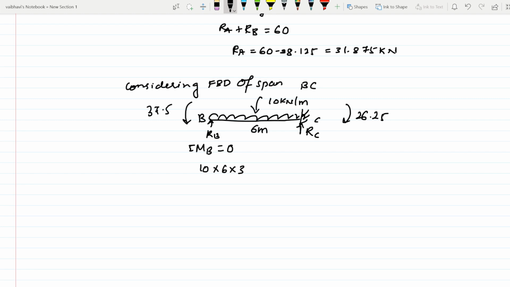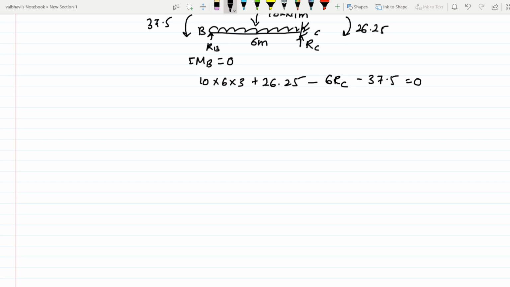So UDL is causing a clockwise moment about B. This is also a clockwise moment, plus 26.25. RC will cause an anti-clockwise moment about point B, right? So minus, the distance is 6 meters, so minus 6 RC, and this is also anti-clockwise, minus 37.5 equal to 0.